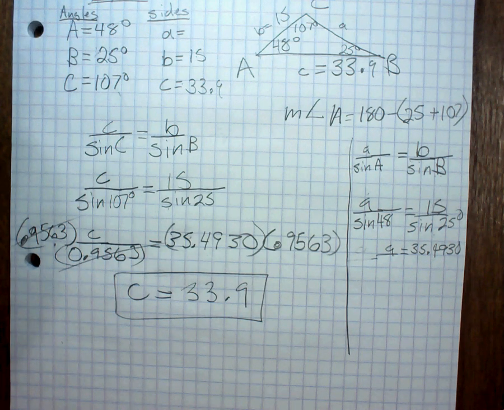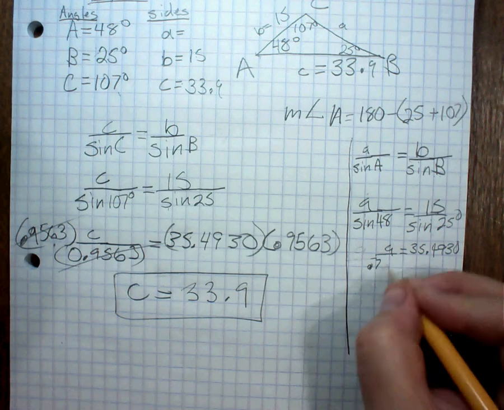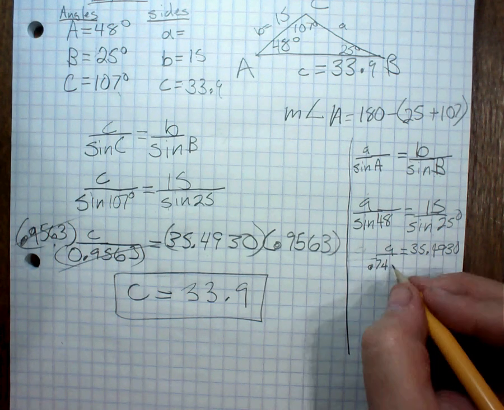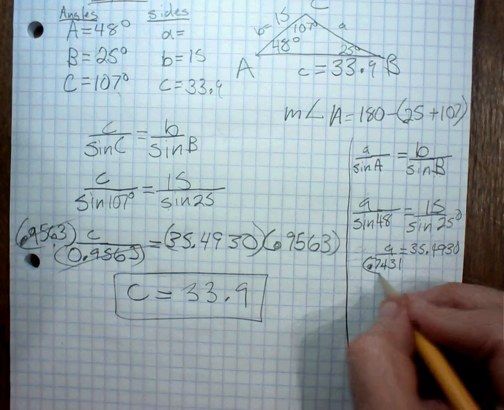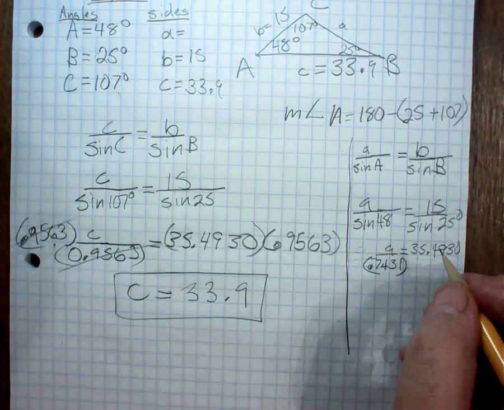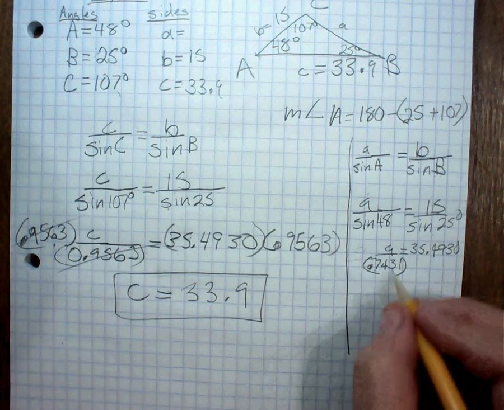So if I say sine of 48 degrees, sine of 48 degrees is 0.7431. Okay? So to get rid of that, I'm going to multiply both sides by 0.7431.